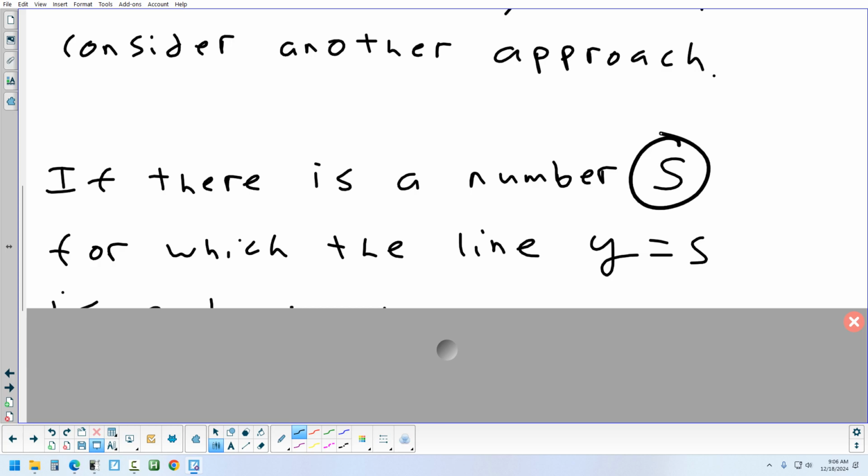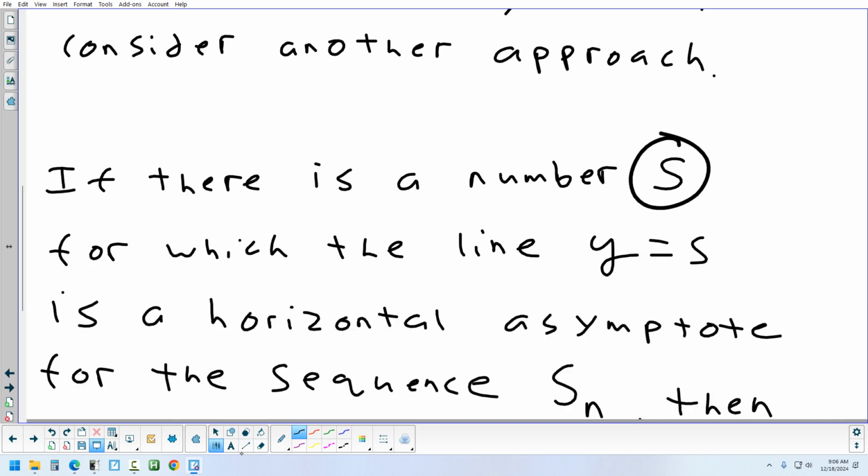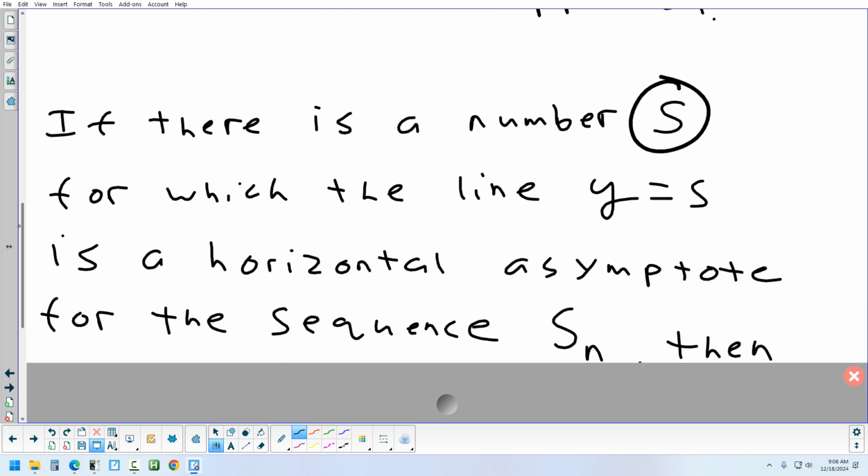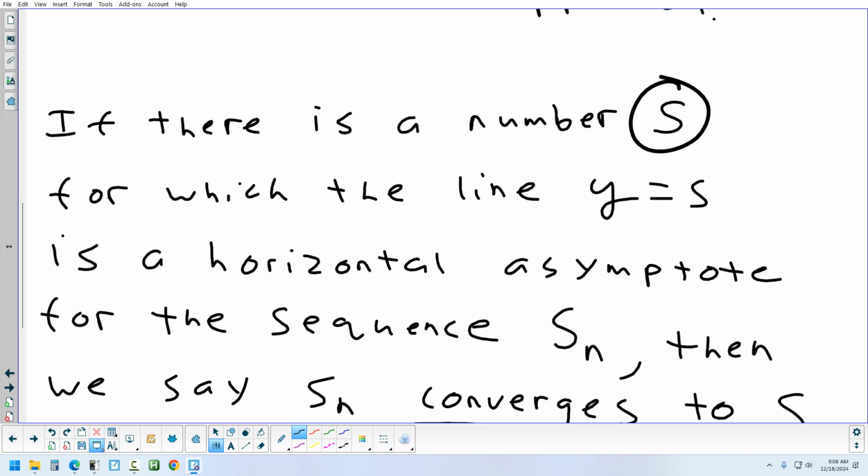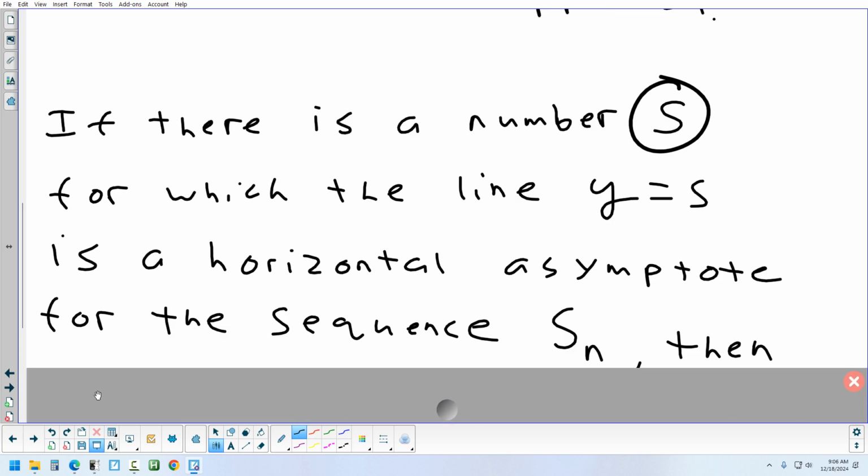If you can draw a horizontal line at that number, and you graph your sums on the calculator, and as you graph them, it looks like you're getting closer and closer to that number, but never reaching it, then we would say that number is the sum of the problem. It's a number that's a horizontal asymptote. So you get close to it, but you never reach it.